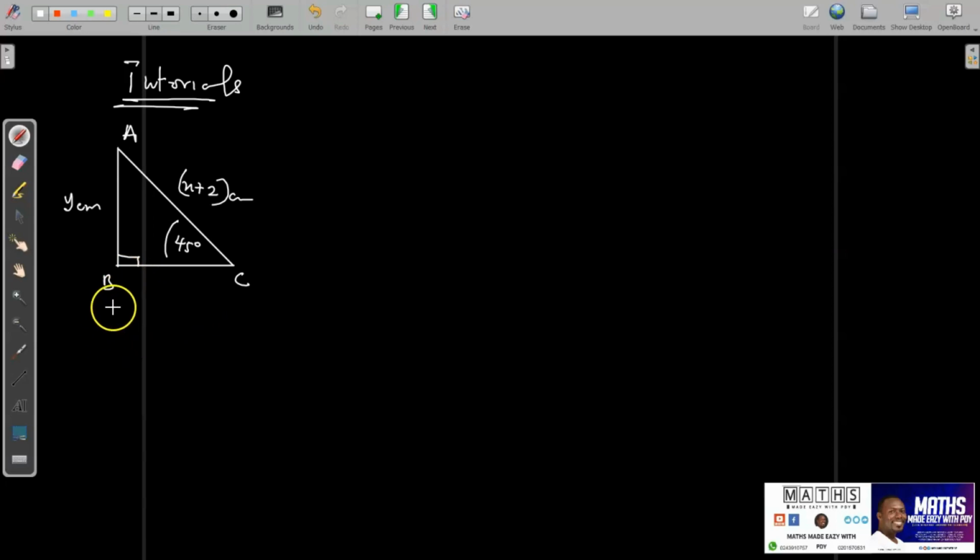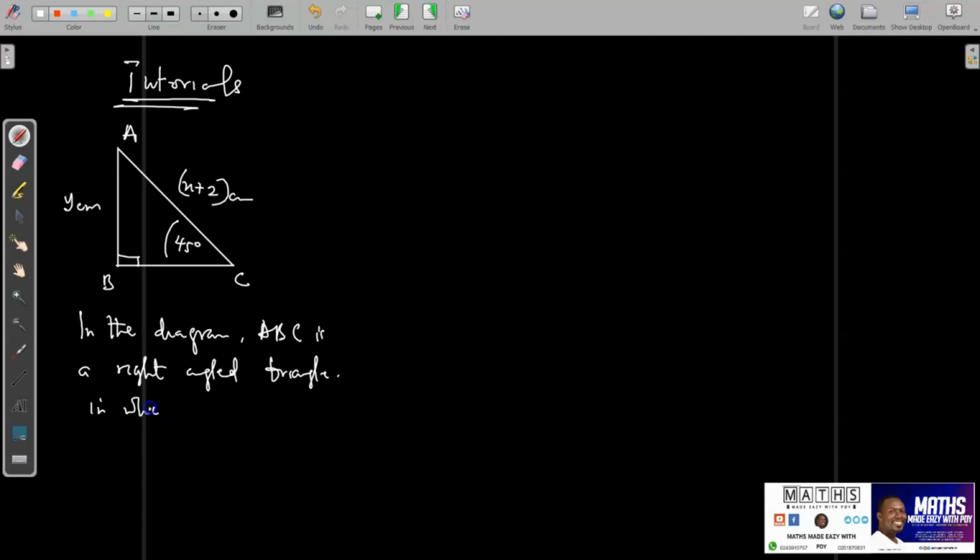Yes, sir. Okay, so I'm writing the question. In the diagram, ABC is a right angled triangle in which the line AB is equal to Y centimeters.